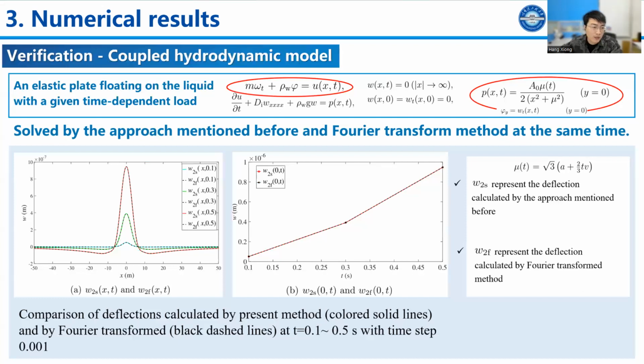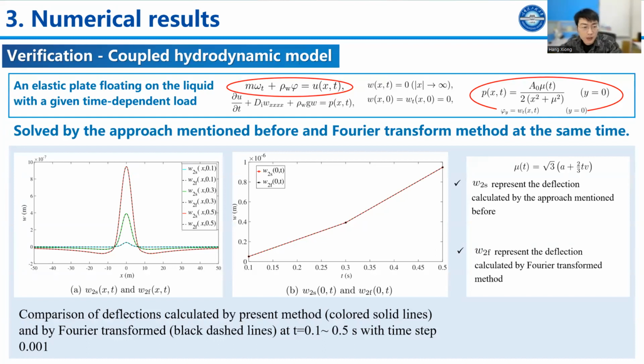The deflections calculated by the present method and by the Fourier transform at the same time instants are calculated and compared. It can be seen from the figures that the results are in good agreement.